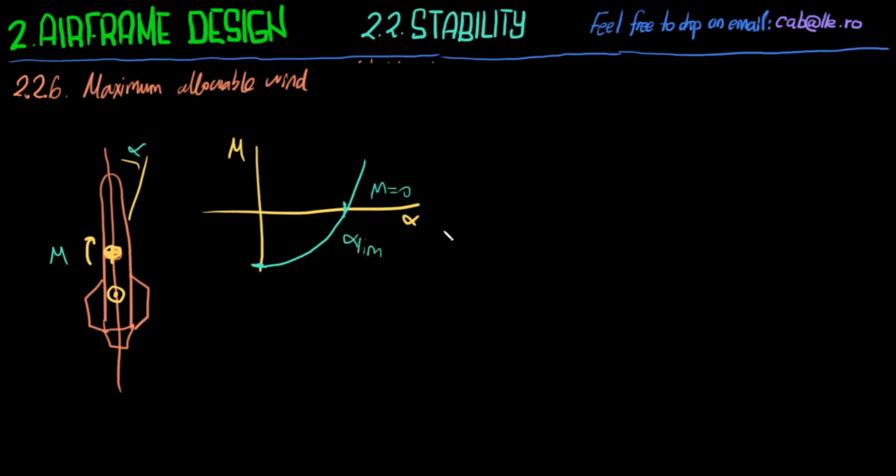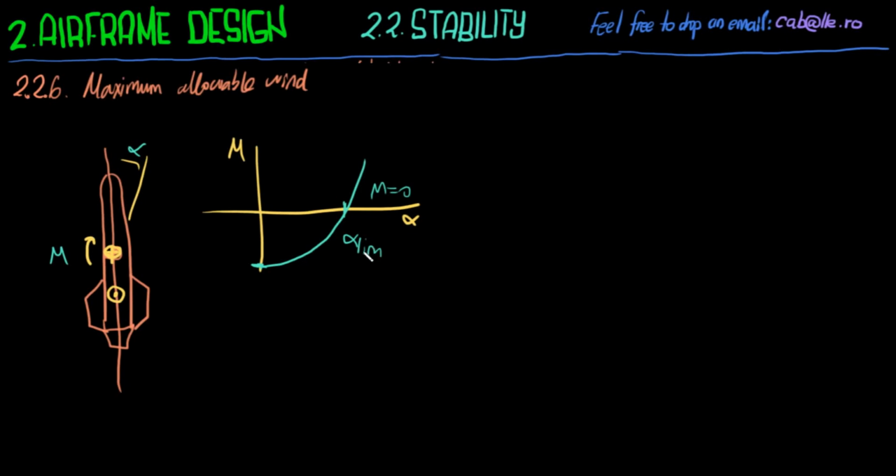What I'm describing here is actually something that is buried inside the equations I presented to you before. The equations describe all this behavior, okay? So at this alpha limit, there will no longer be a corrective moment.